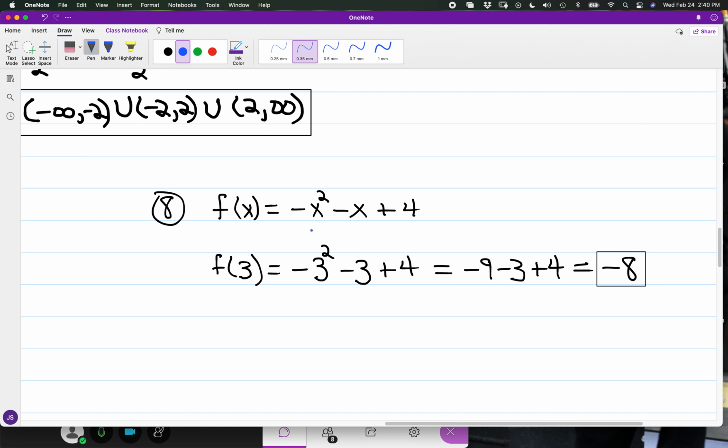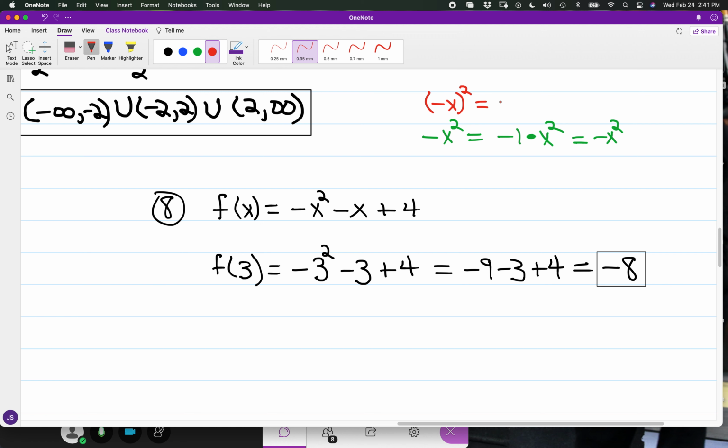Now let me point this out. The negative of x squared, read this as -1 times x squared. That is not the same as if you had the square of negative x.